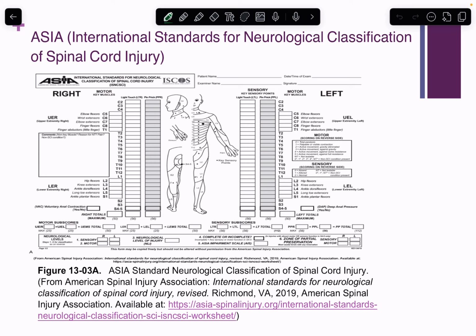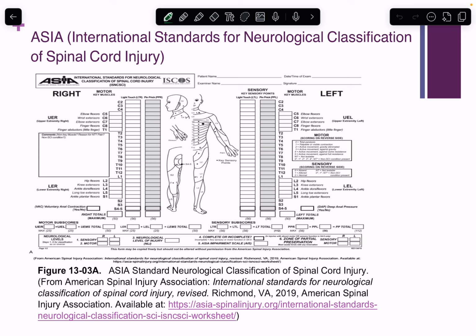And then of course ASIA E is normal motor and sensory function. This grade is assigned if the individual had a prior SCI but has since regained full function. The key concepts in ASIA classification include the neurological level of injury, the lowest segment of the spinal cord with normal sensory and motor function on both sides of the body.